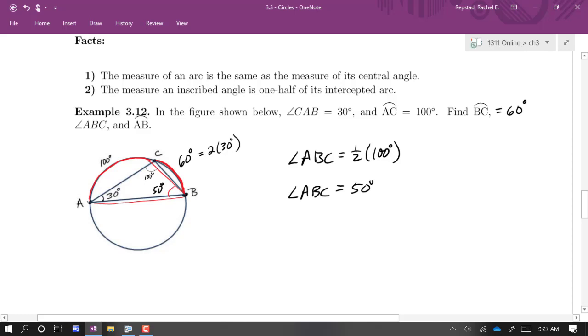We want the arc AB, and it's helpful to find the measure of this angle at 100 degrees. The angle ACB is the inscribed angle, and the inscribed angle is 1/2 the intercepted arc. So that means that the intercepted arc is going to be double the measure of that angle, or 200 degrees.